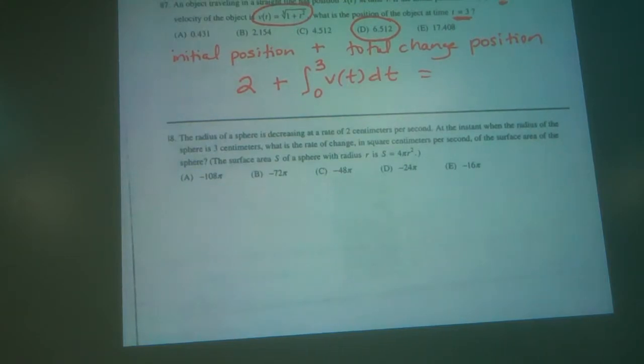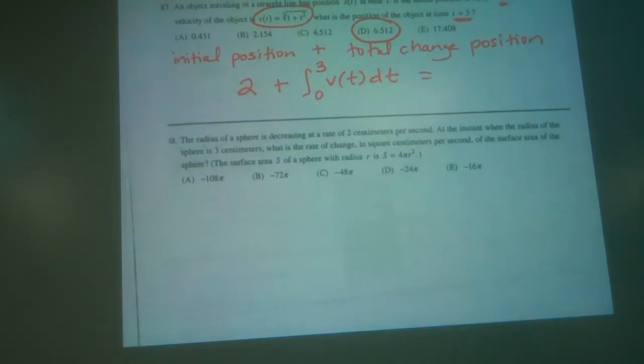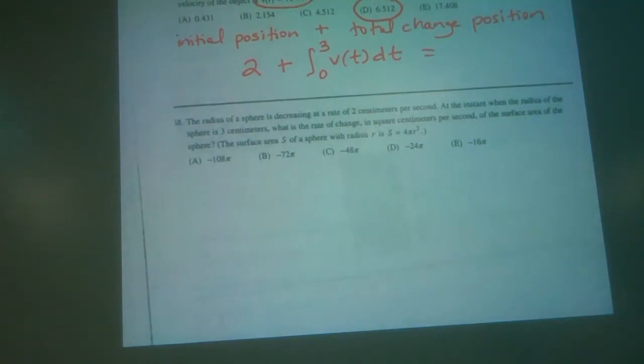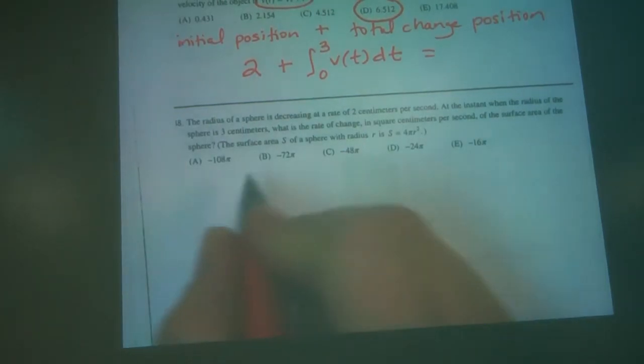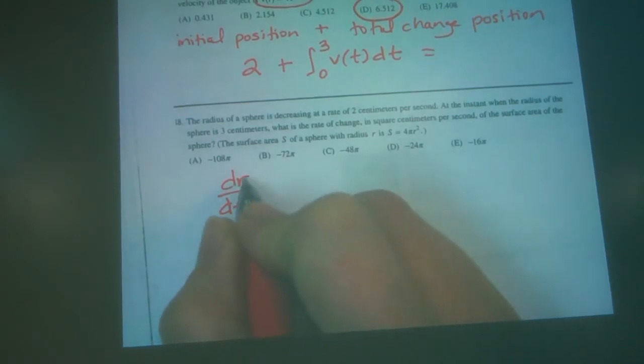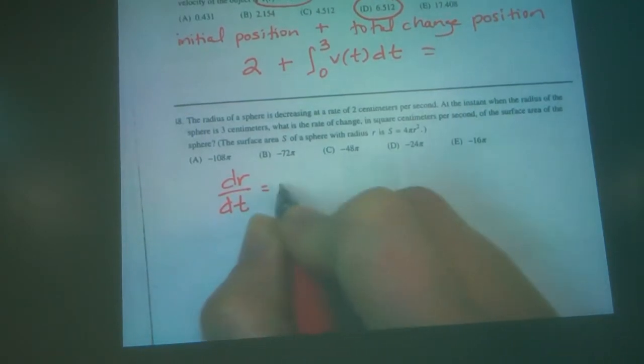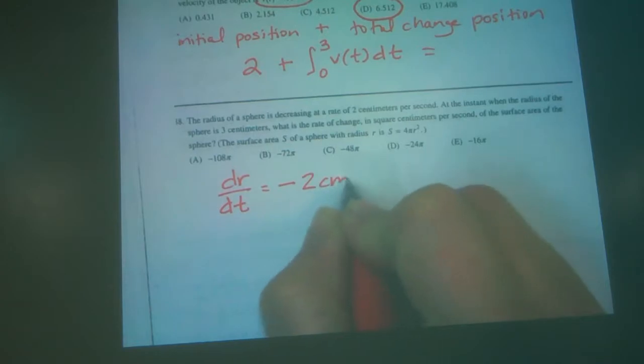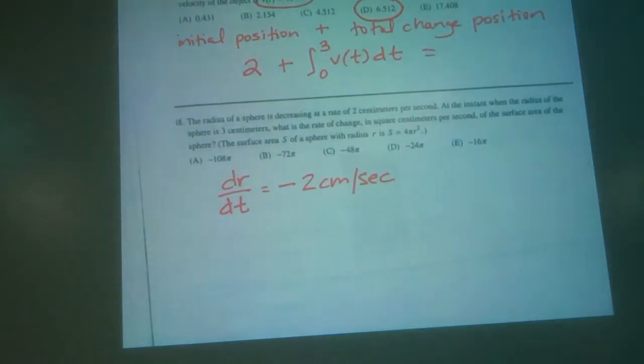Alright, 88. The radius of a sphere is decreasing at a rate of 2 centimeters per second. So this is a related rates problem. It's from last semester. It's old. This is dr/dt, the rate of change of the radius with respect to time, and it's decreasing 2 centimeters per second.